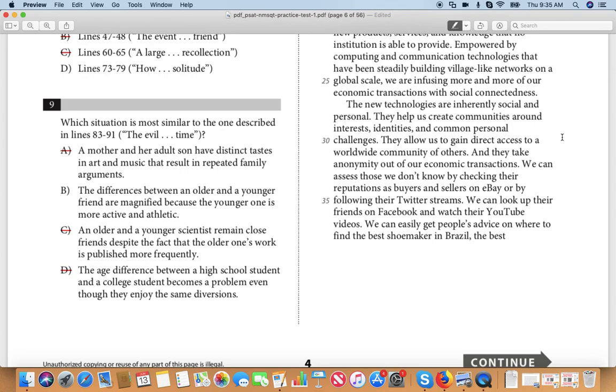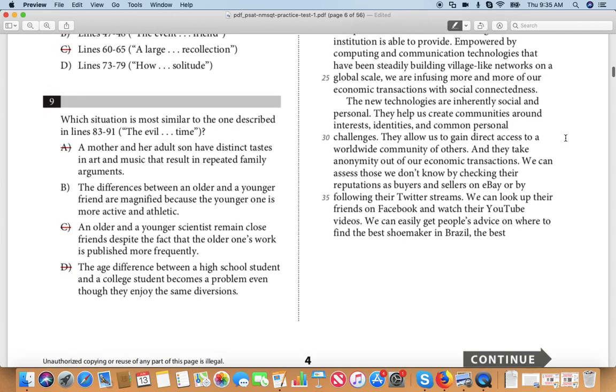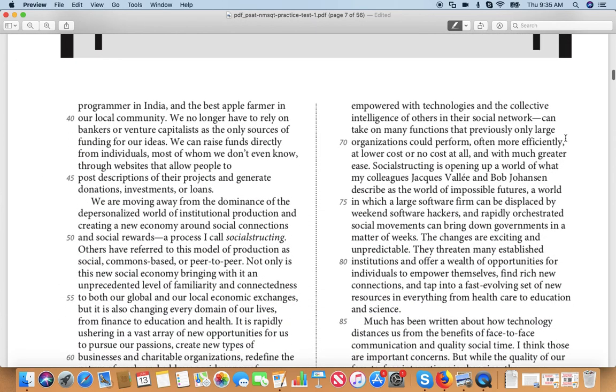And they take anonymity out of our economic transactions. We can access those we don't know by checking their reputations as buyers and sellers on eBay, or by following their Twitter streams, friends on Facebook, and watching their YouTube videos. We can easily get people's advice on where to find the best shoemaker in Brazil, the best programmer in India, and the best apple farmer in our local community.